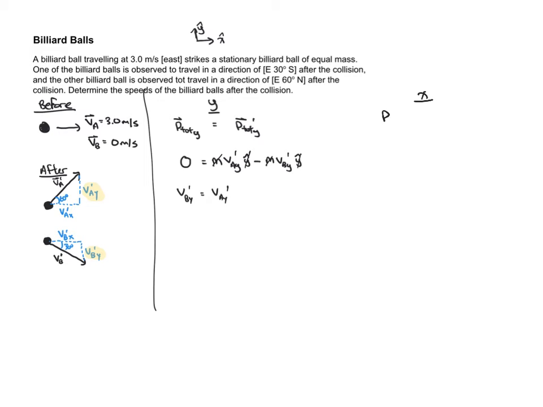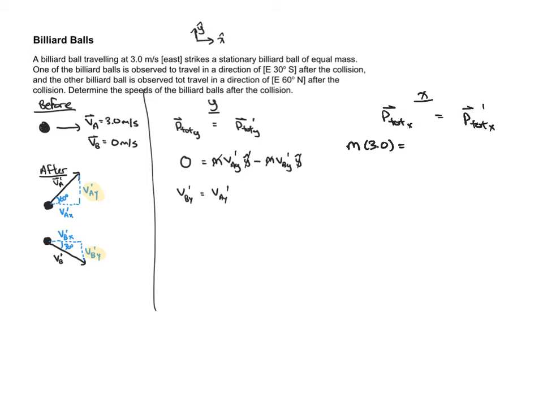The starting momentum in the x direction has to equal the ending momentum in the x direction. Now we do have starting momentum this time in the x direction. Ball A is moving, so its momentum is going to be mass times 3. 3 is its velocity. So that's the starting momentum.